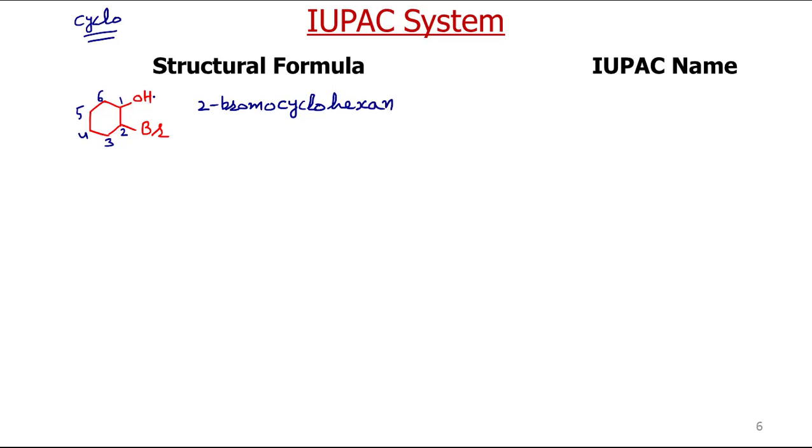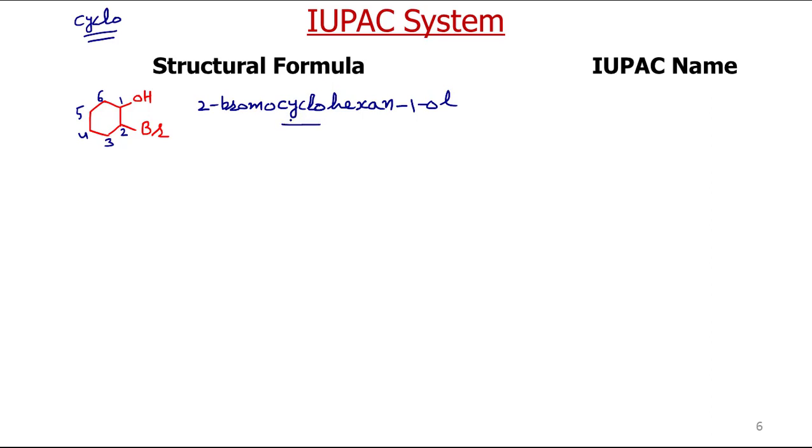OH is present at the first carbon, hexan-1-ol. So this is its IUPAC name, 2-bromocyclohexanol. What I mean to say is, when we have cyclic structures or cyclic alcohols, we also use the prefix cyclo.